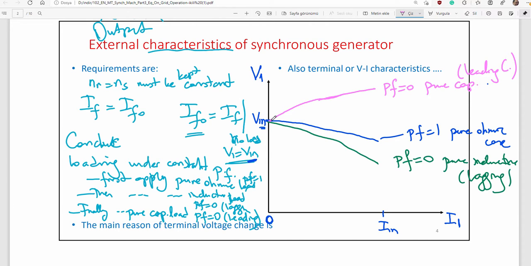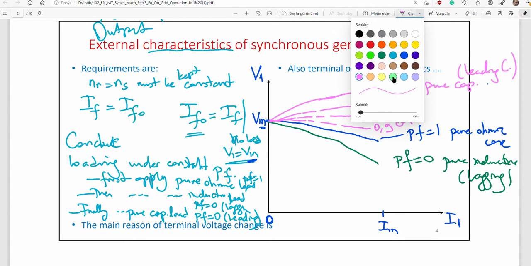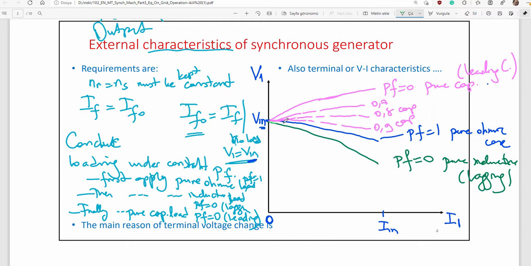Here would be 0.9 capacitive, 0.8 capacitive, 0.7 capacitive, and here would be 0.9 inductive, 0.8 inductive, and so on.